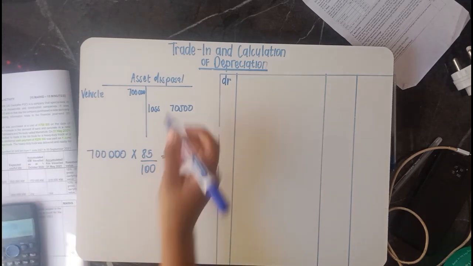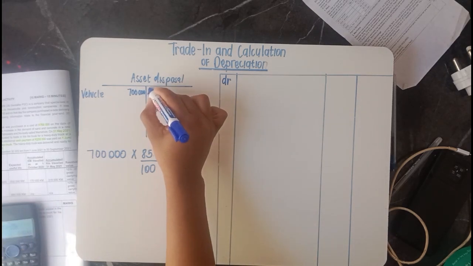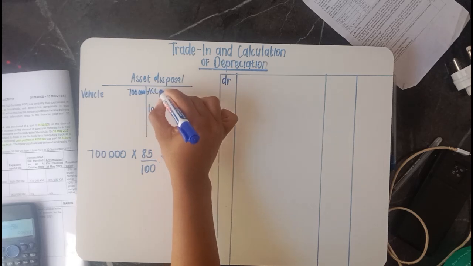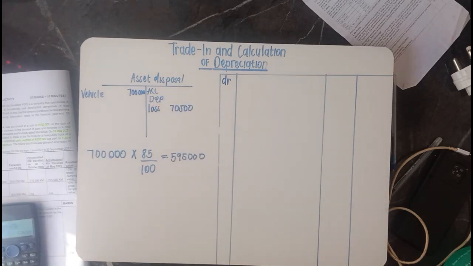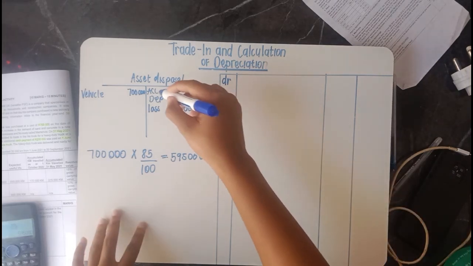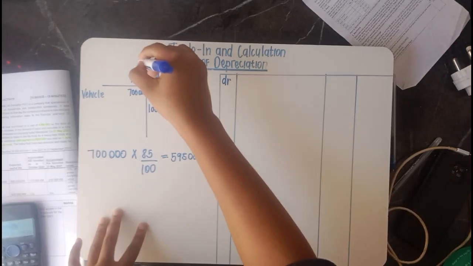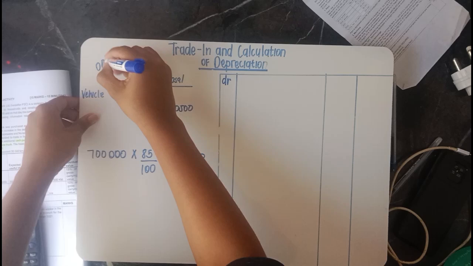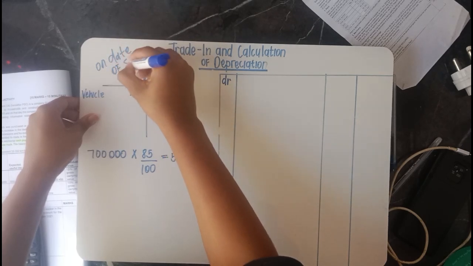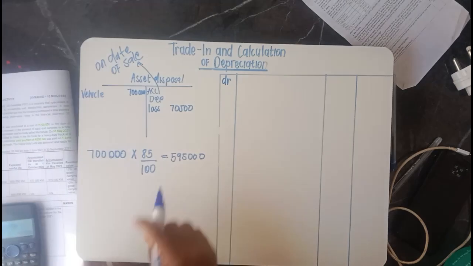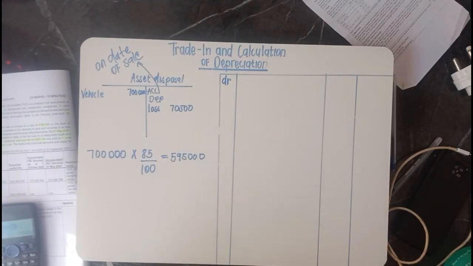So we're looking for accumulated depreciation on the date of sale, right? So let me just make an arrow and say, yes, accumulated depreciation on the date of sale.